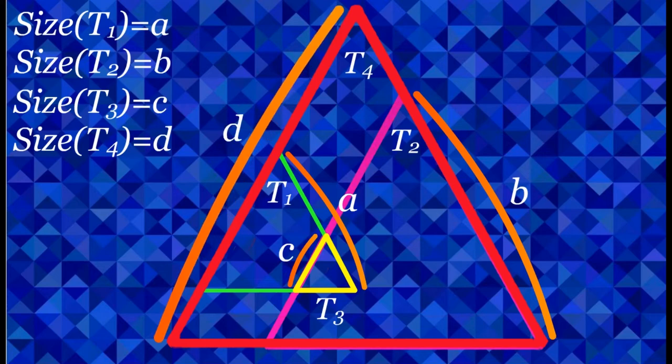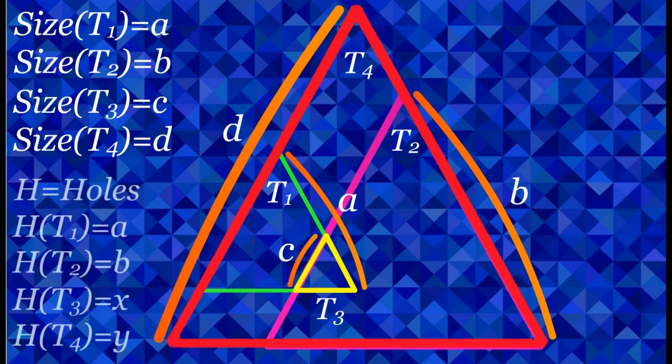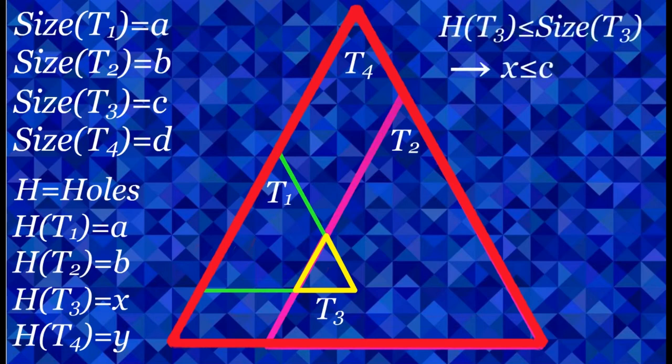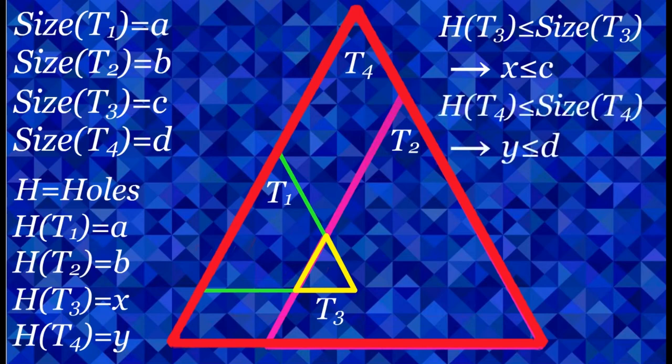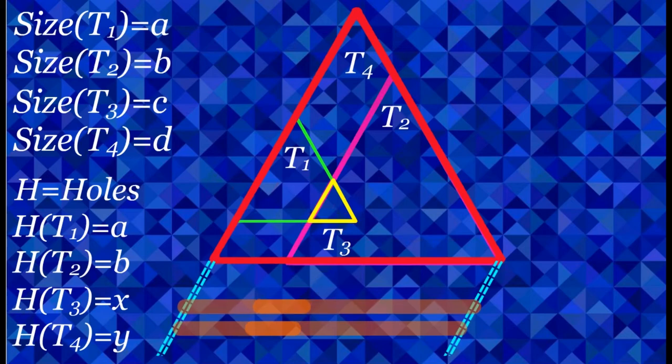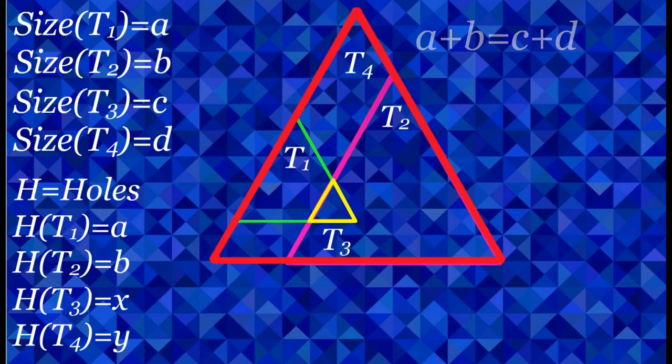Now, assume that T1, T2, T3 and T4 have A, B, X and Y holes respectively in S. Since S is spread out, we have that X is smaller or equal to C, and that Y is smaller or equal to D. On the other hand, the geometric configuration of the triangles implies that A plus B is equal to C plus D.